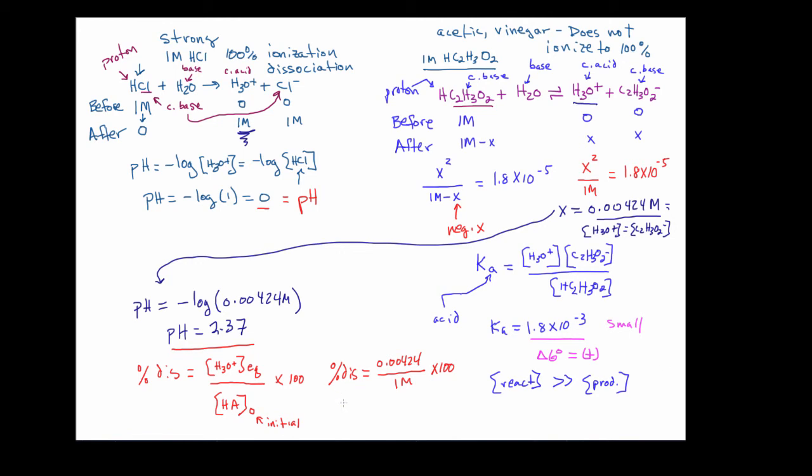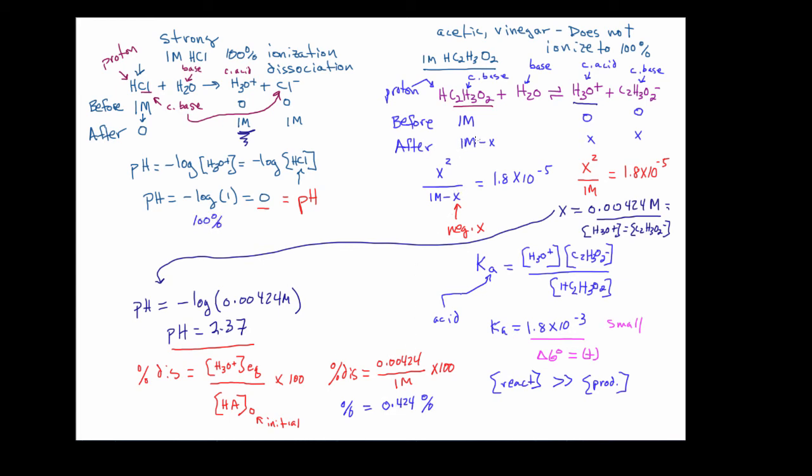And what we get is percent dissociation equal to 0.424%. So literally, when we add vinegar to water, and we make, let's say, a 1 molar solution, the level of dissociation is only 0.424% versus 100% for the strong acid.